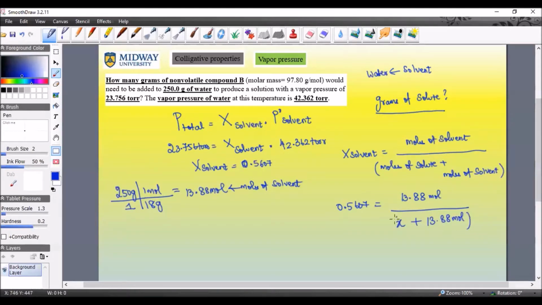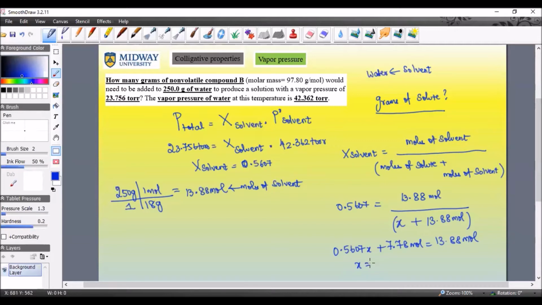If you solve for X, which is merely algebra, it will be 0.5607 X plus 0.5607 times 13.88 equals 7.78 moles, equals 13.88 moles.